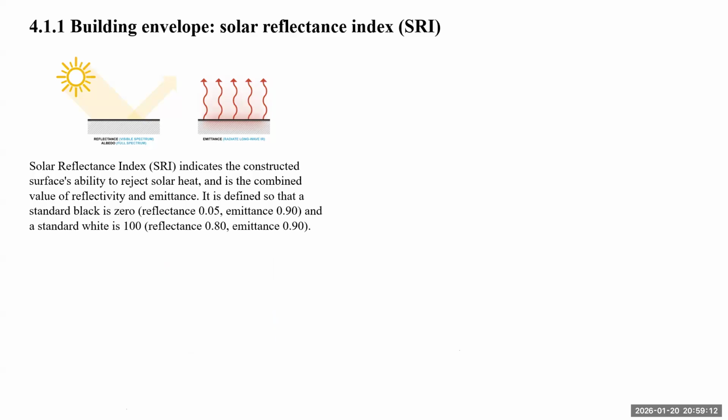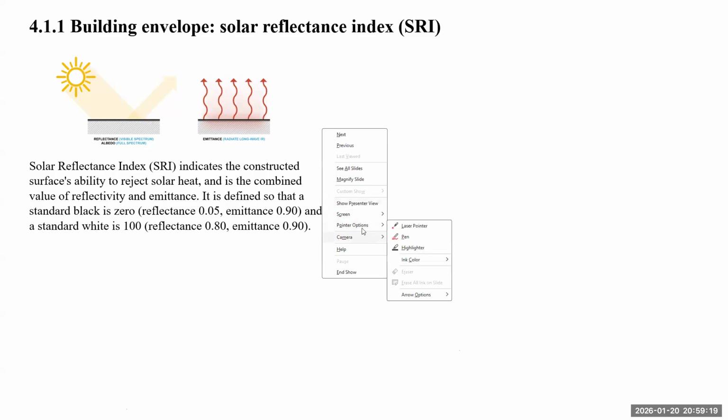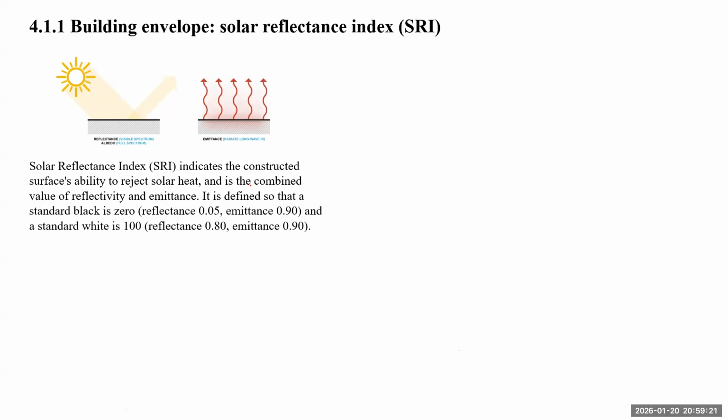So the solar reflectance index indicates the constructed surface's ability to reject solar heat, and is the combined value of reflectance. Okay, how much solar you will reflect. And there's another one, because we remember the cold universe, right? So we want to know its thermal emissivity.